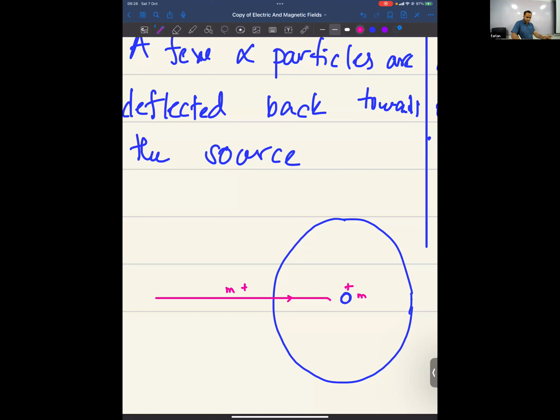When they get close, that force is big enough to deflect the particle and make it go back. That happens for a very small percentage of alpha particles. So that tells you what? That central region where the nucleus is a very small area, because the other particles are deflected this way.